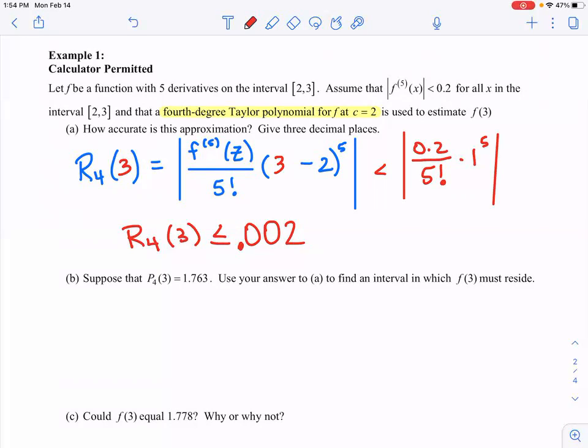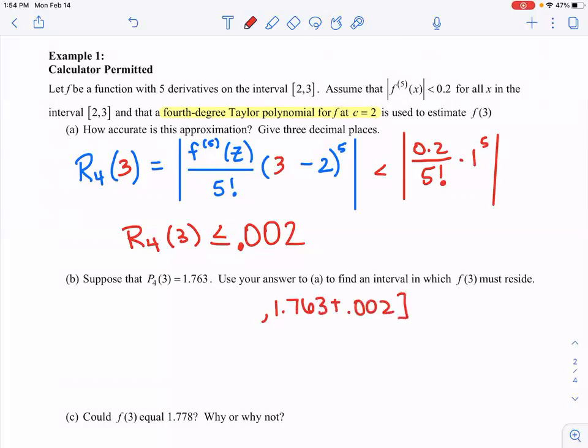So let's find an interval that our answer would actually fit in. This is the approximation from our polynomial. This is our error. We are going to take our approximation and add 2/1000, and take our approximation and subtract 2/1000.